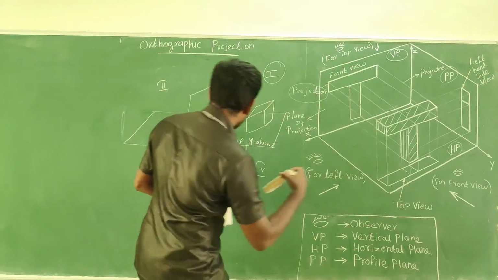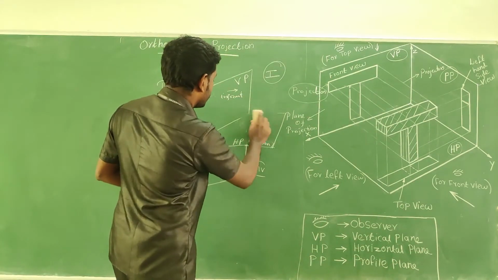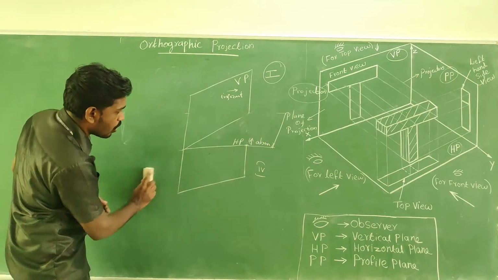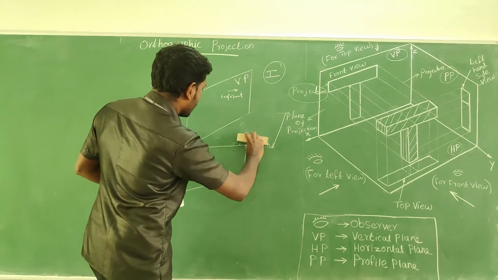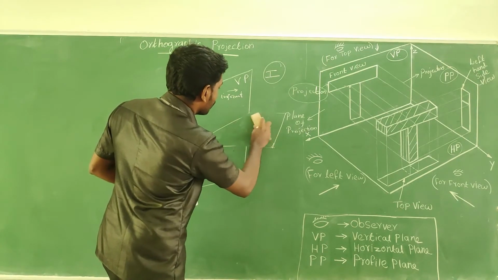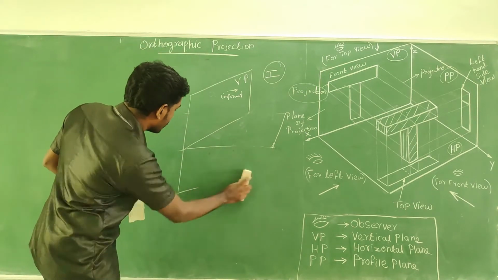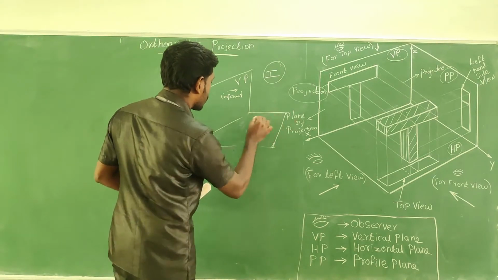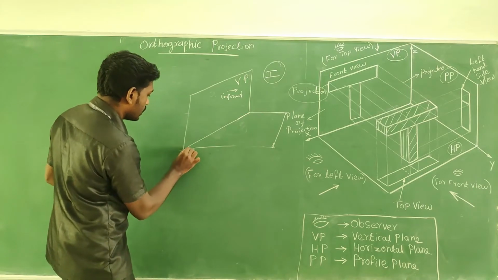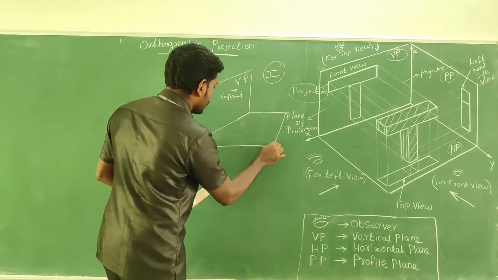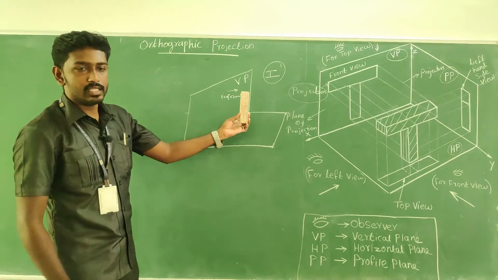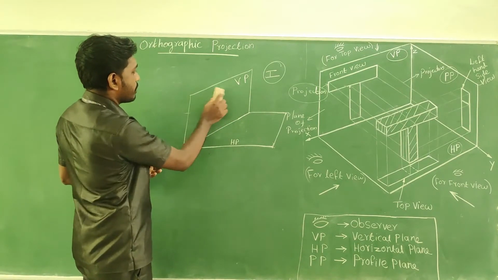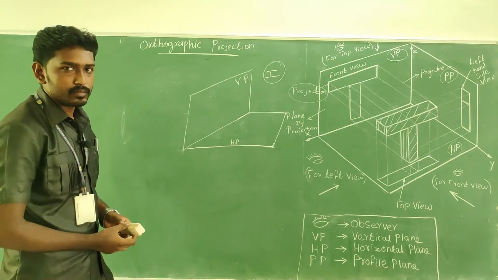So we are always going to deal with the first angle projection. First angle projection, that means we're going to keep the object in the first quadrant. So this is the first quadrant. If I only talk about the first quadrant, this is the first quadrant. Here we are going to keep the object. This is a horizontal plane, and this is a vertical plane.